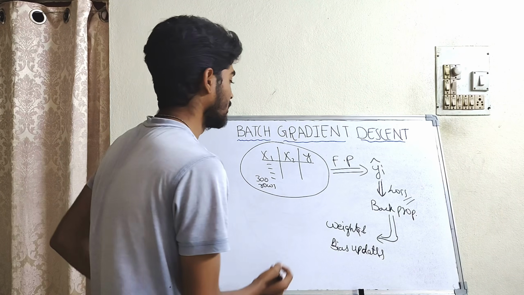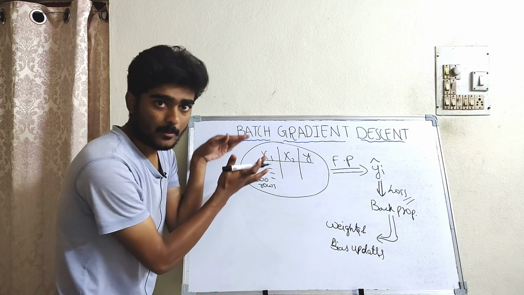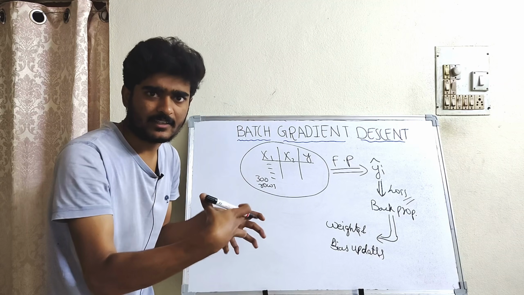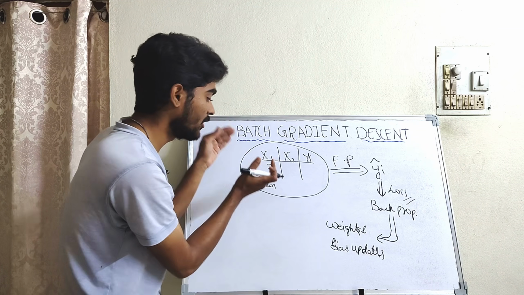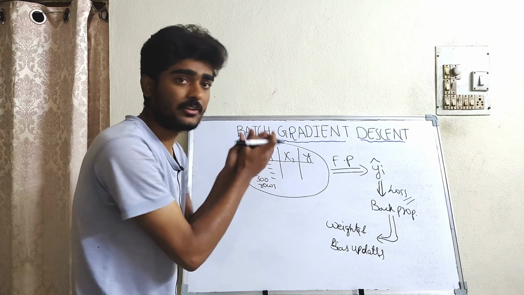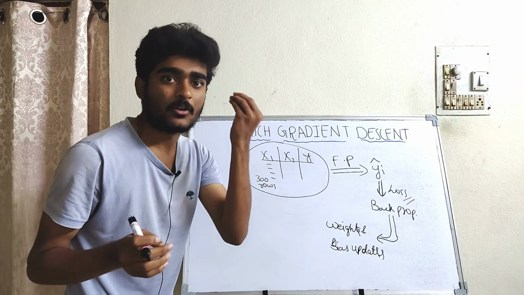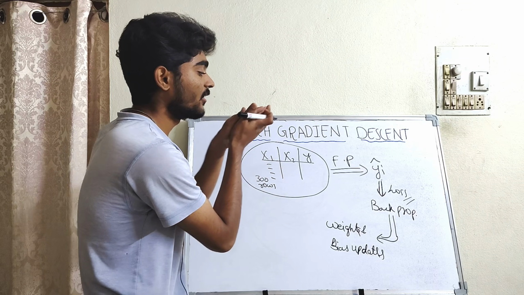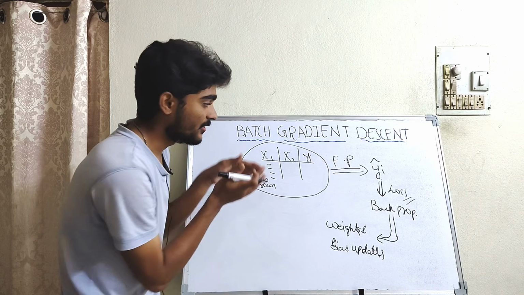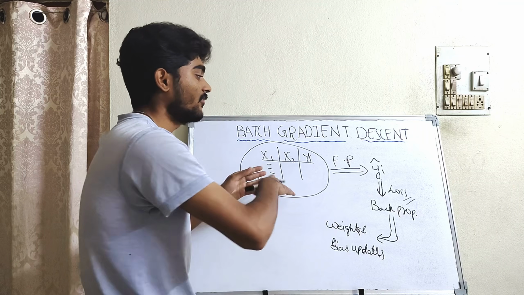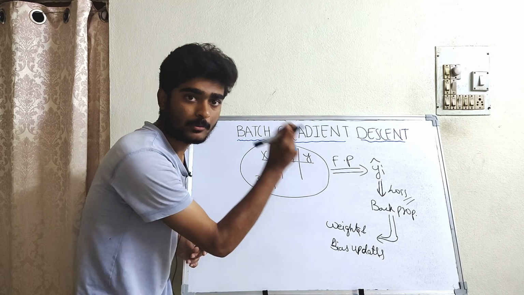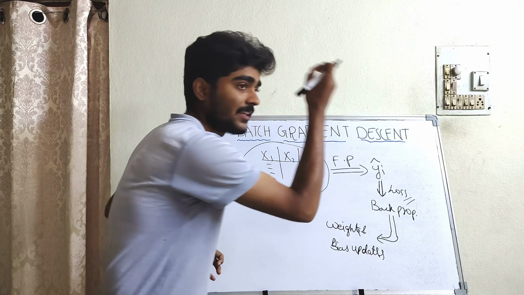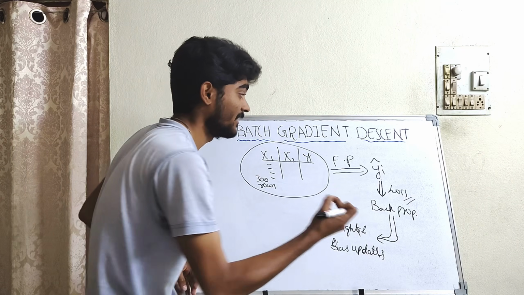First, you're considering your sample dataset. You are taking your entire dataset, however many rows are given, and considering it as a single batch, and you're sending it as input to your model. Forward propagation is done, and yi hat, the predicted output, is calculated.